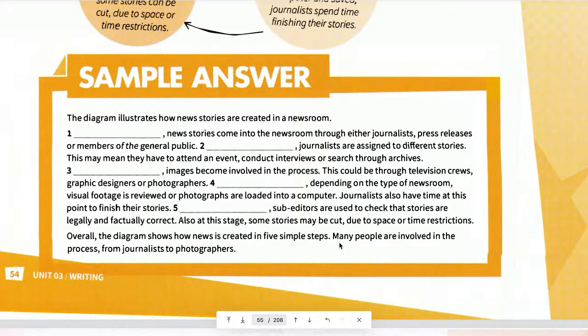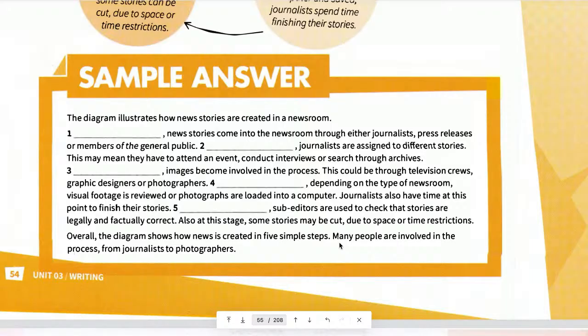Journalists also have tasks to check the stories are legally and factually correct.